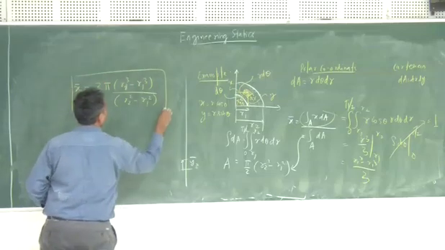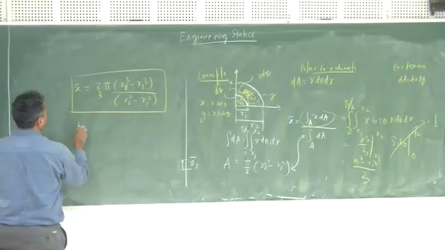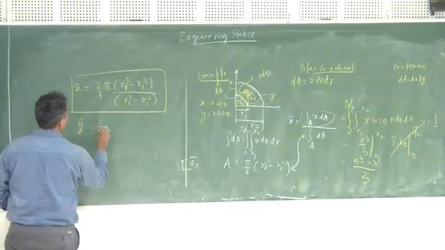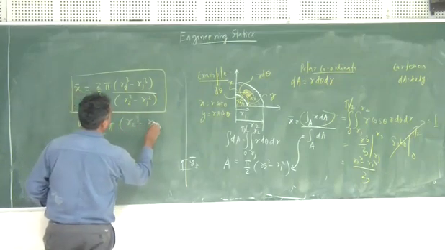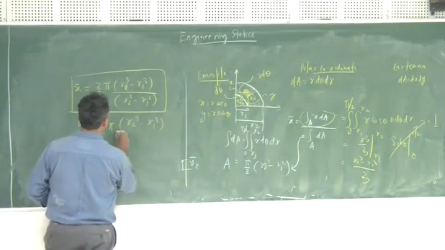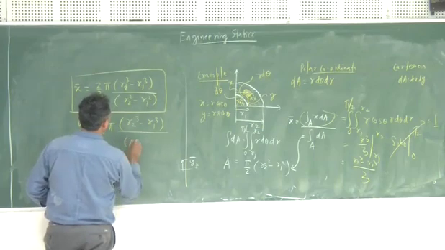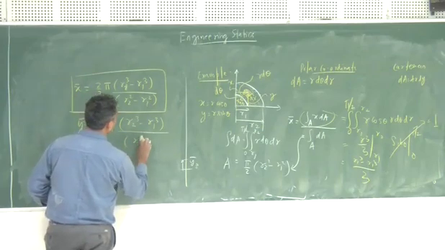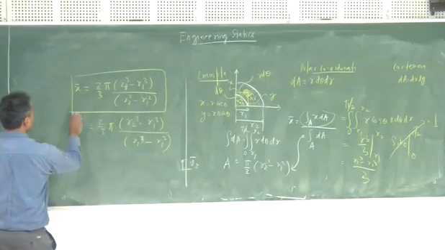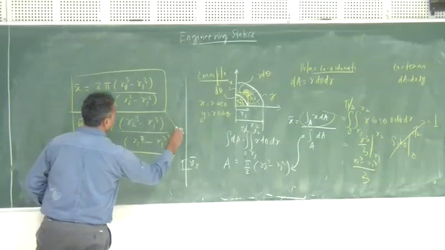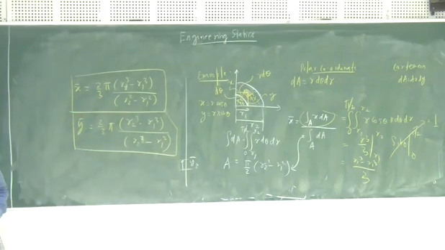Okay, you get x bar, which is 2 by 3 pi, r2 cube minus r1 cube divided by r2 square minus r1 square. This is how you try to find out centroid of area.